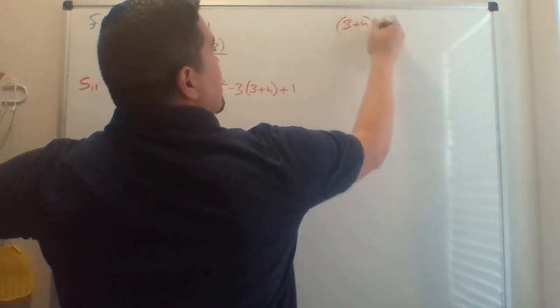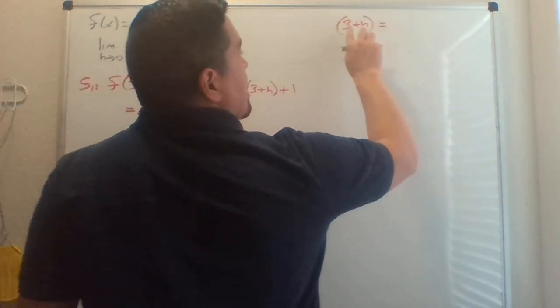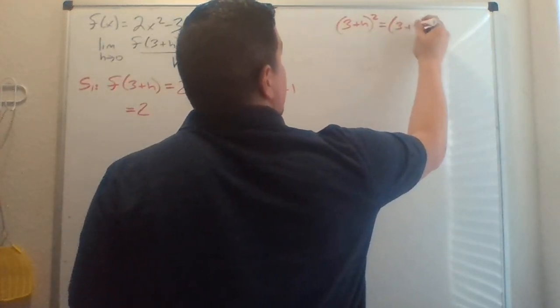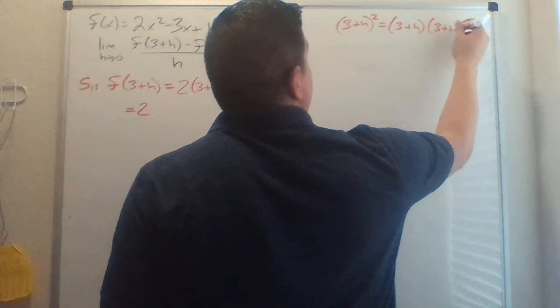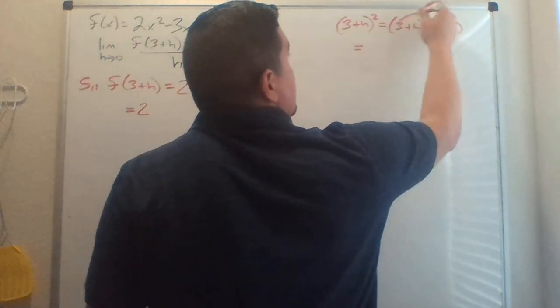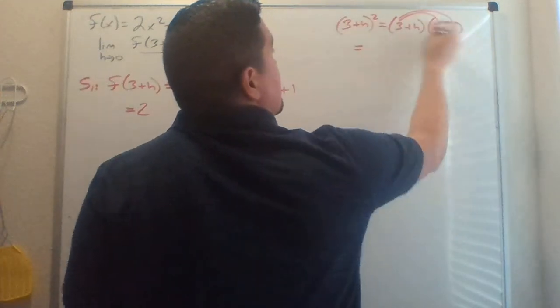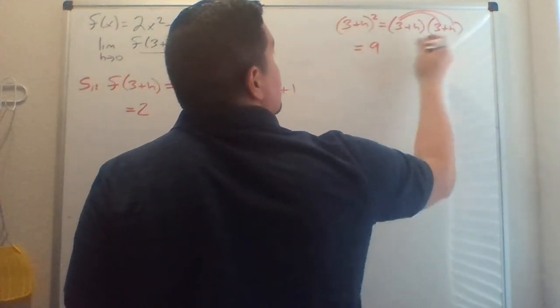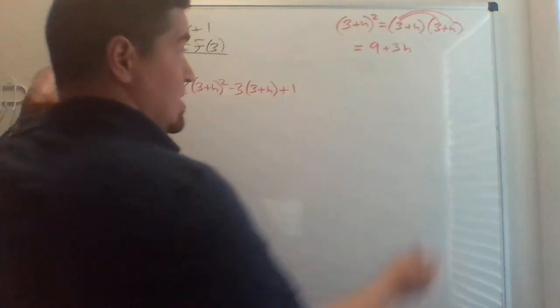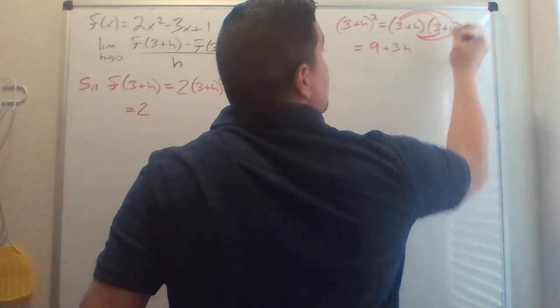This is what's going on, right? 3 plus h squared is actually 3 plus h times 3 plus h, 3 plus h times itself. You're going to do 3 times both of these. 3 times 3 is 9, 3 times h is 3h. So that's done. Then I'm going to do h times both of these.